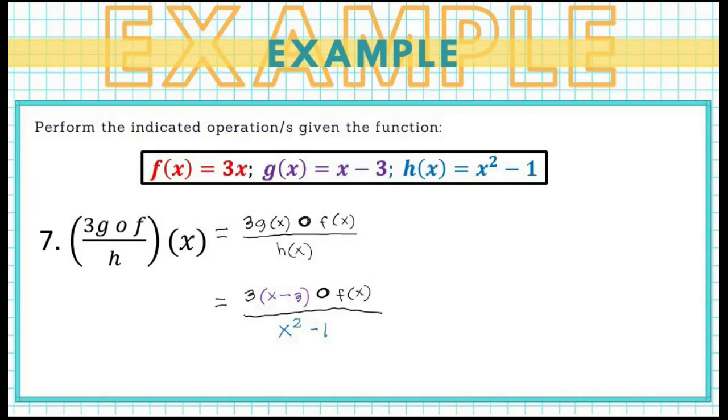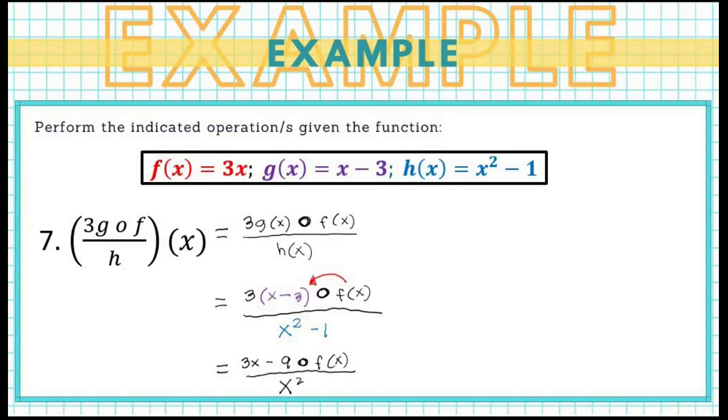Now we simplify further the numerator before we apply the composition of functions, because we're going to input f of x as the value of x in the simplified form of 3 quantity x minus 3. So simplifying further the numerator, we get 3 times x, 3x, and 3 times negative 3 is negative 9. And again, we're going to do composition of function by inputting f of x to 3x minus 9.